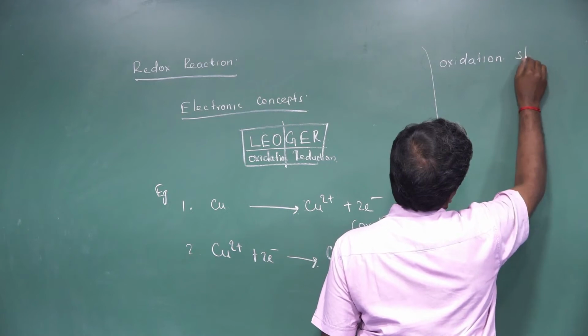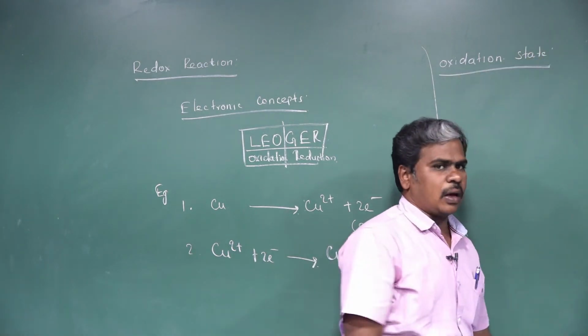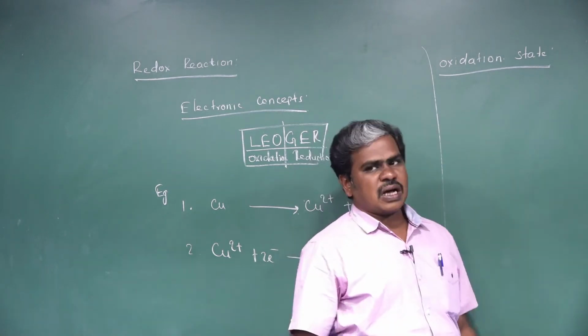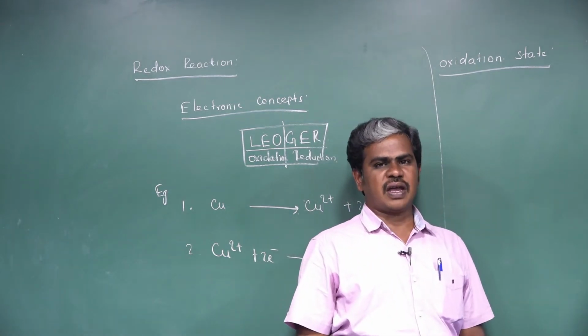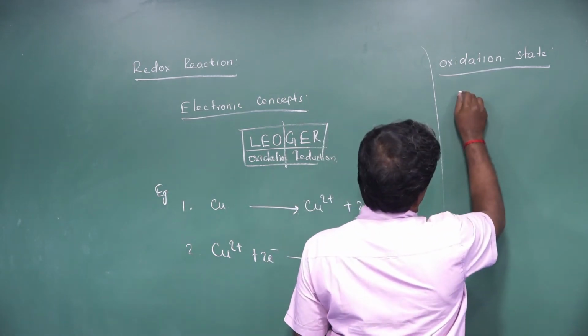So, oxidation state or oxidation number. By knowing this oxidation state, we may identify the oxidation state of an element. Now, what is that oxidation state?